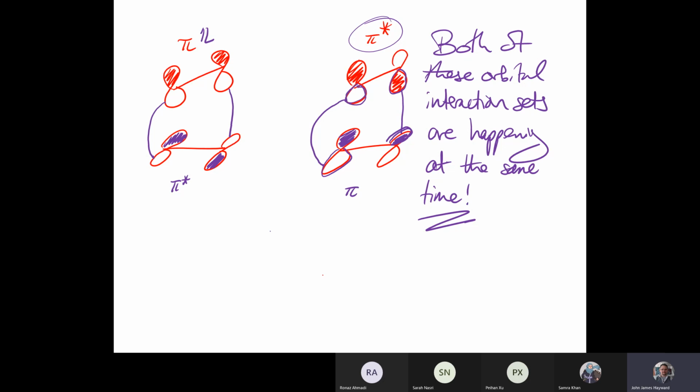It's weird to think about it, but because you're looking at a filled interaction in a pi versus pi star, in a 2+2, you do actually have to consider them both, and they are both happening.